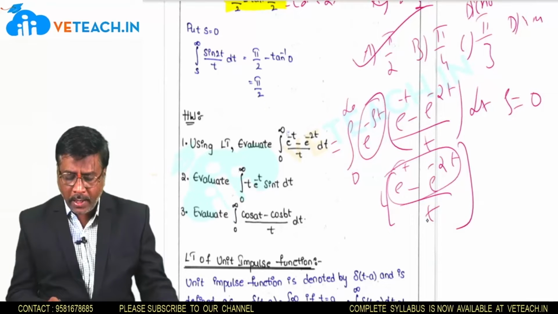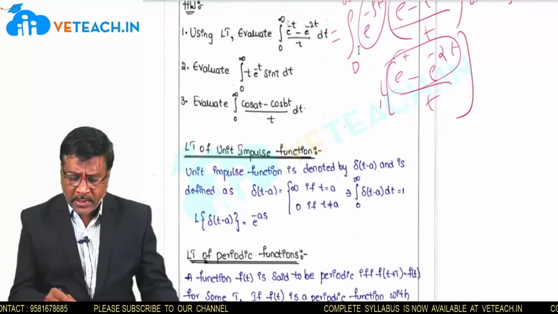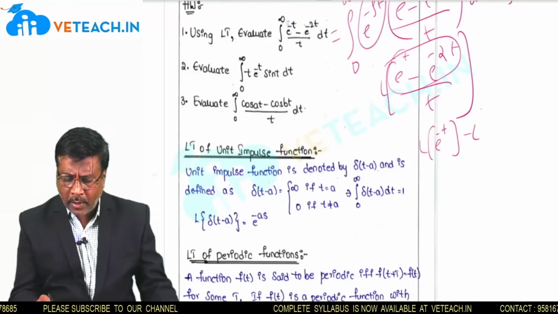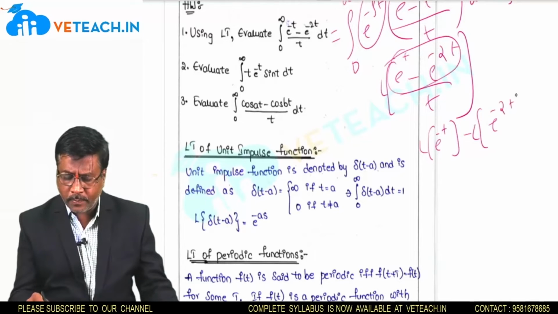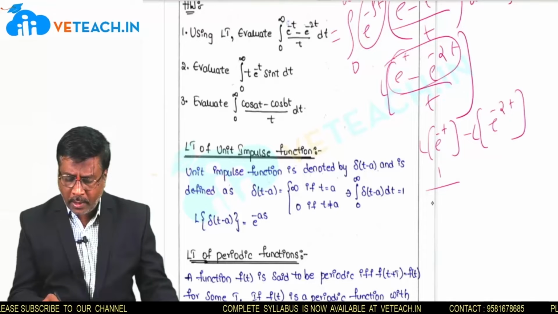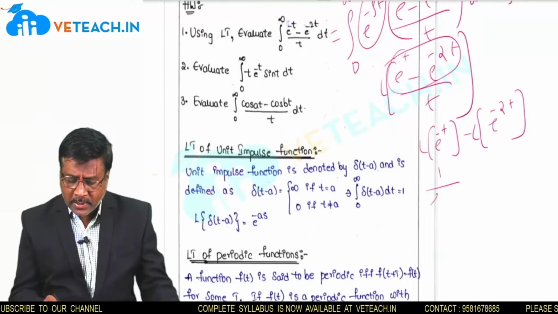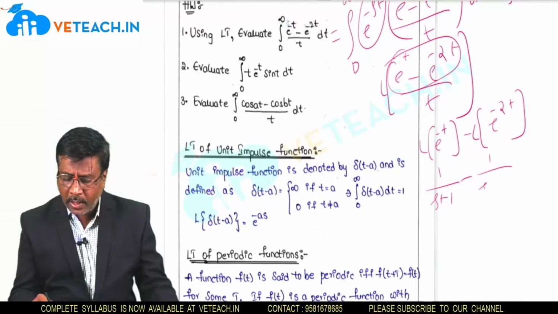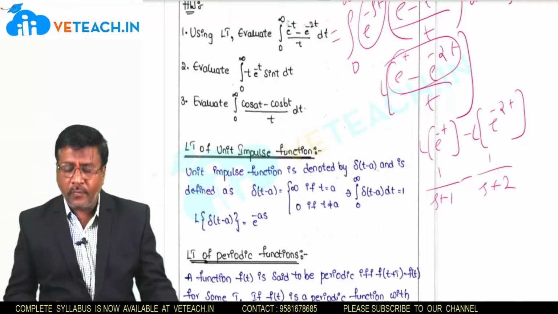After that we can apply the division by t rule. That means L of e power minus t minus L of e power minus 2t, that is equal to 1 by s plus 1 minus 1 by s plus 2. We have to know the definition.